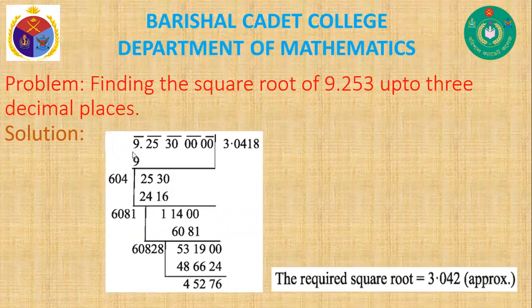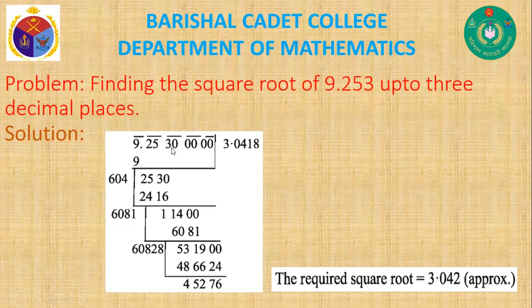Here I have taken the number 9.253. Before the decimal, here is one number. This is 9. After the decimal, we have the numbers 2, 5 and 3.